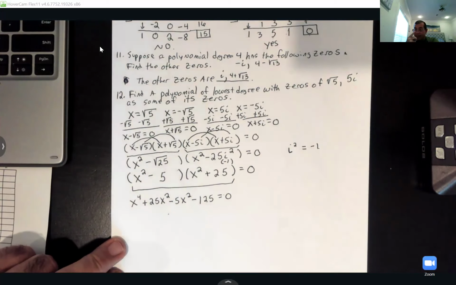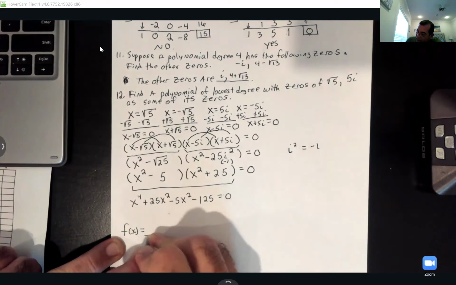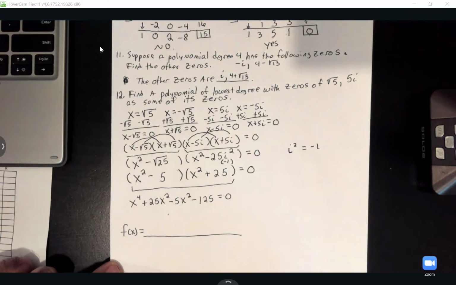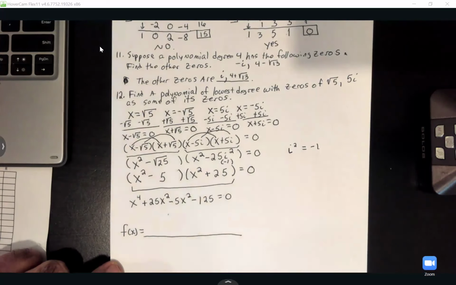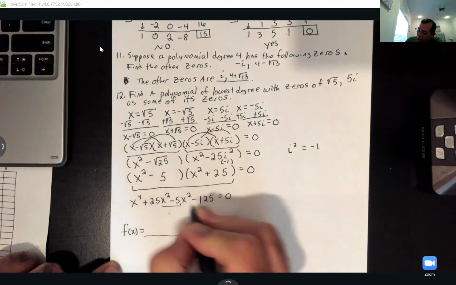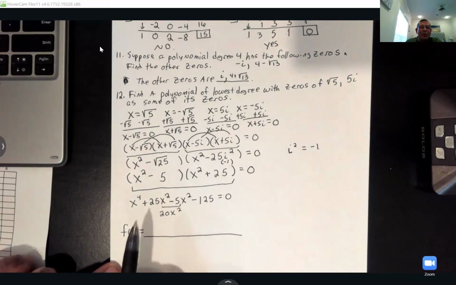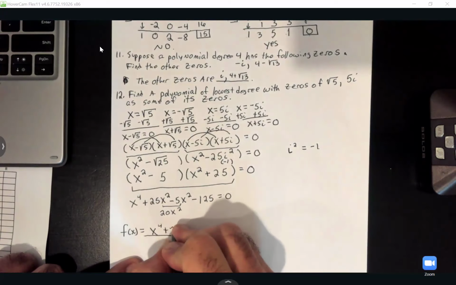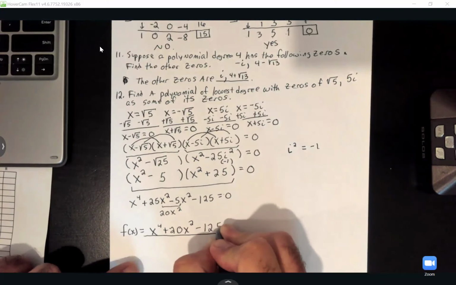So the question, can you do anything else to that? Or is that my final answer? I'm hoping y'all see one thing y'all can do. Combine like terms. So those like terms are going to give me what y'all said, 20x squared, okay? So my final answer will be x to the 4th plus 20x squared minus 125.